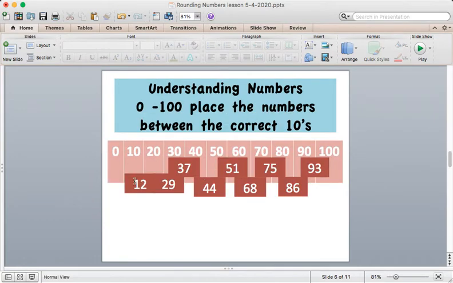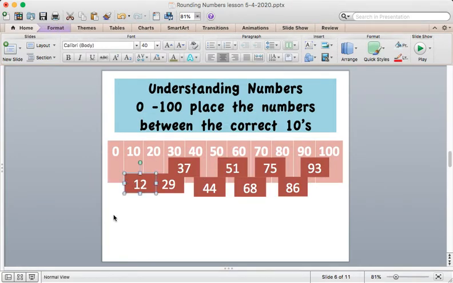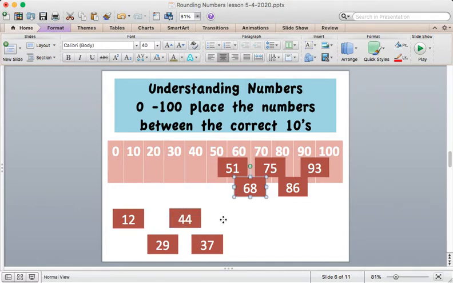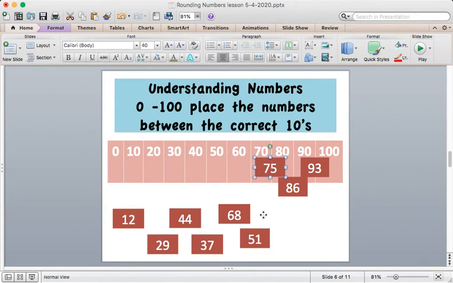Our next step is going to be learning how to fit our numbers in and finding out where these numbers belong. So we're going to do a little magic again. I'm going to move these down because I had already worked on this one time. And now I'm going to fix this board a little bit.